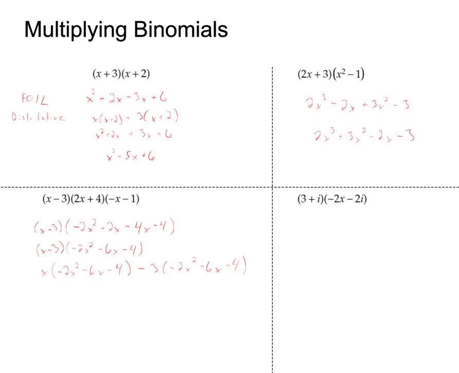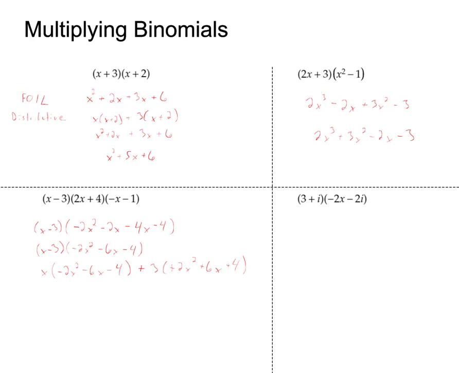And one thing that I noticed about this is actually since we have 3 negative terms on the inside of this trinomial for the second term that's multiplied by 3, we can actually factor out a negative 1. So if we multiply all these by negative 1 and bring that negative 1 out to the front, so we factor it, this is going to become a positive 2x squared, that's going to be a positive 6x, and this is going to be a positive 4. We bring the negative 1 out front, so we multiply negative 3 by negative 1, which just gives us positive 3. This might make it easier to solve.